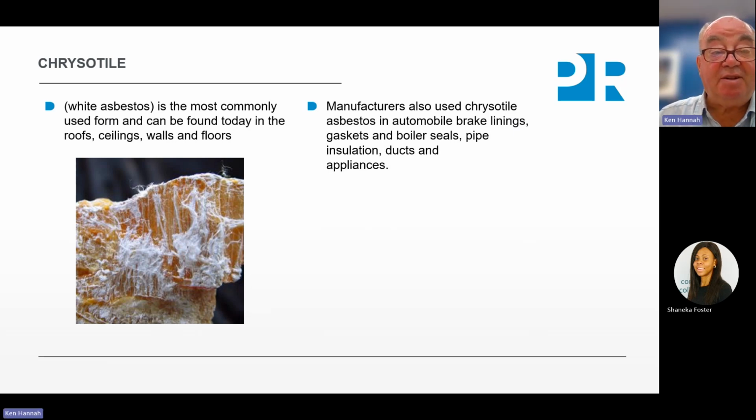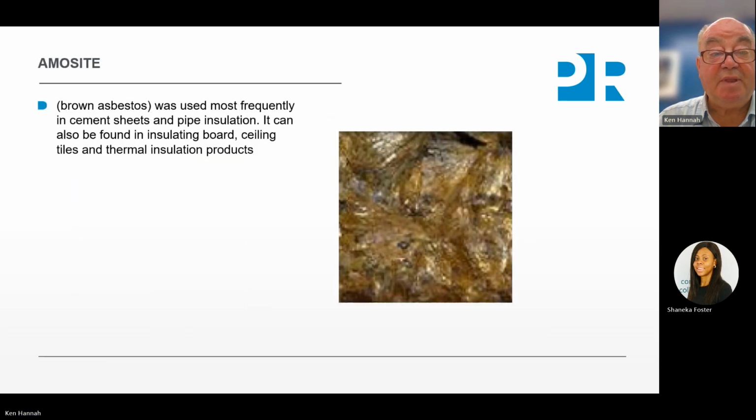So chrysotile is white asbestos, and it's used in roofs, ceilings, walls, and floors. Manufacturers also use chrysotile in automobile brake linings, gaskets, and boiler seals, pipe insulation, ducts, and appliances, obviously to protect against heat transfer. Brown asbestos, or amosite, was used most frequently in cement sheets and pipe insulation.